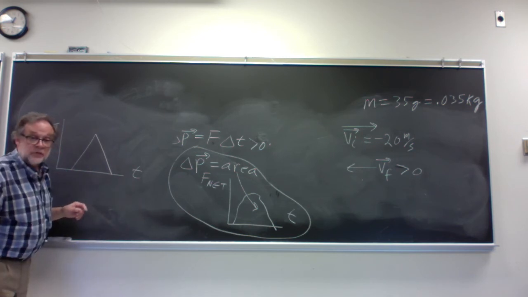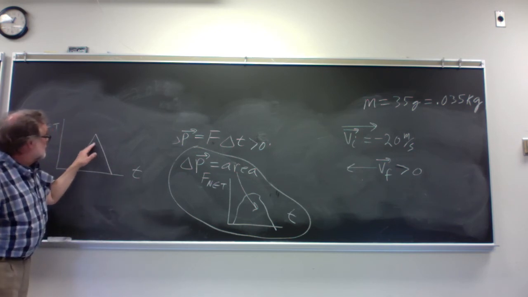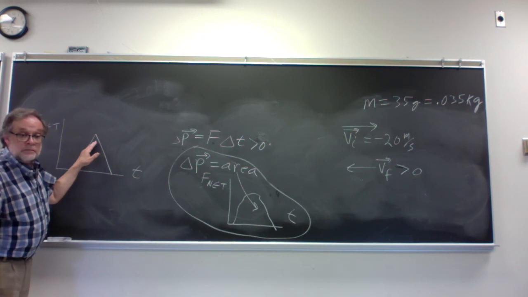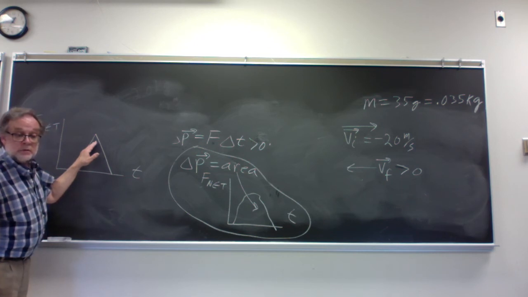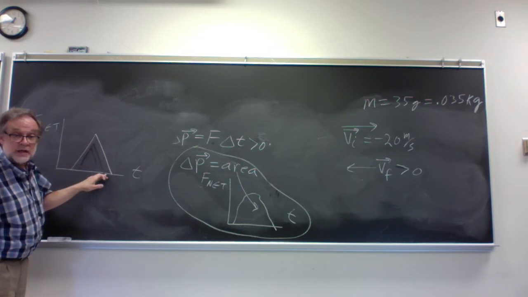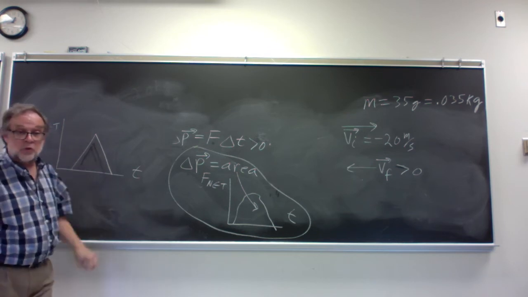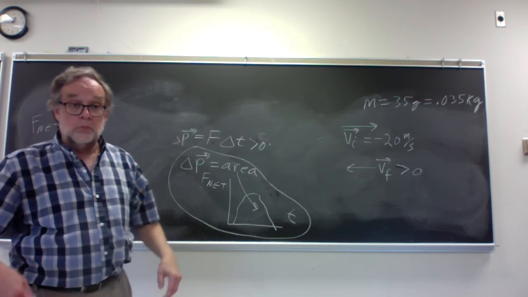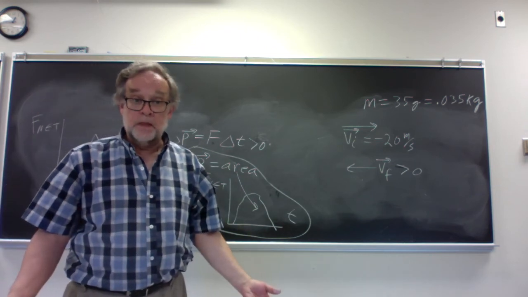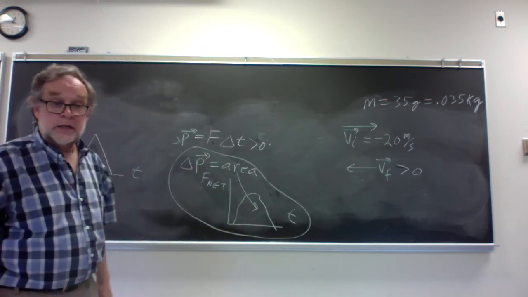For the first half of the contact time, the ball is feeling stronger and stronger force, and then feels weaker and weaker force for the second half, but it's always a positive force, which will give the ball more positive momentum than it had before it was hit.